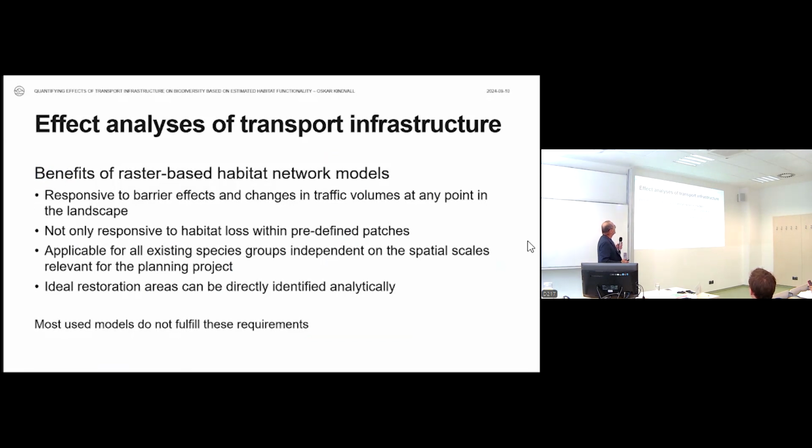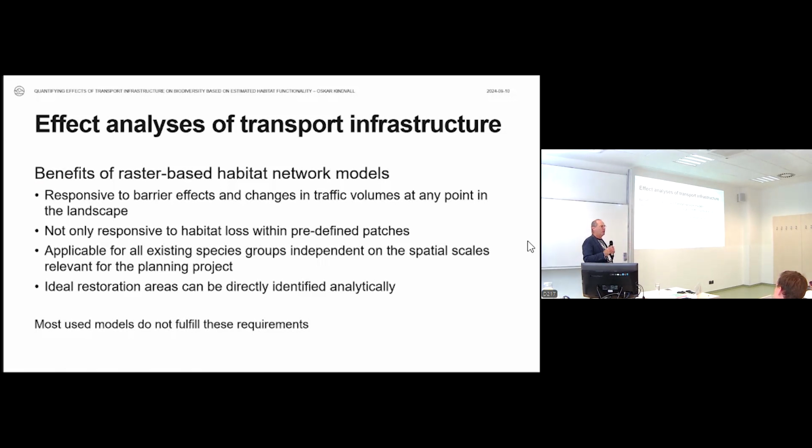Effect analysis of transport infrastructure: the new concept here is to work with habitat network modeling very strictly using the pixel values, the raster-based approach. In many cases, in all the times, one has used the vector-based approach, where you really need to define what is a patch and what is the path between them.